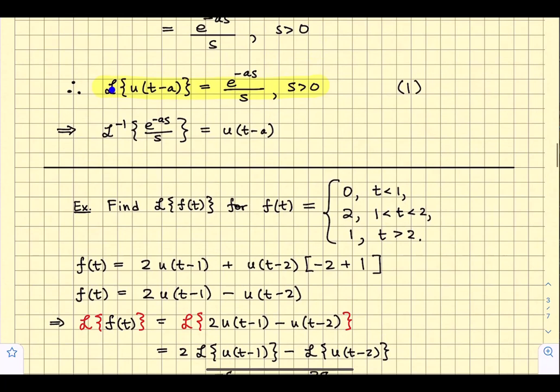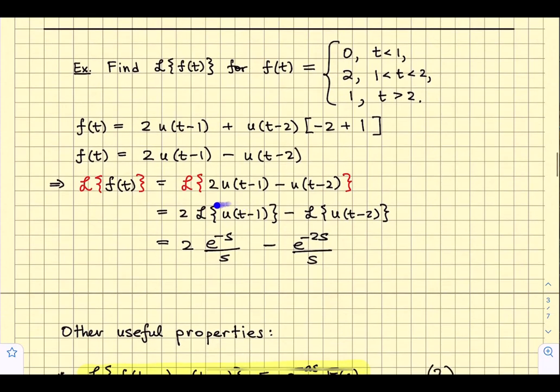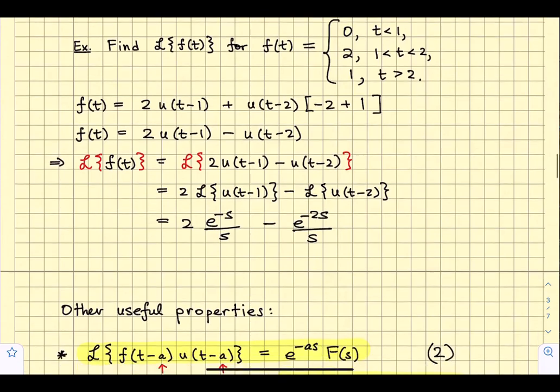The Laplace transform of u of t minus a is e to the minus as over s. So this Laplace transforms to e to the minus s over s, and this Laplace transforms to e to the minus 2s over s. So that was a very quick calculation. As soon as we write it in terms of unit steps, we very quickly can get the Laplace transform of the function, and that's one of the benefits of writing things in terms of unit steps.